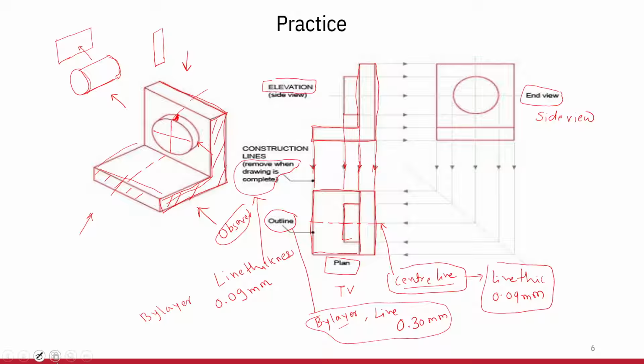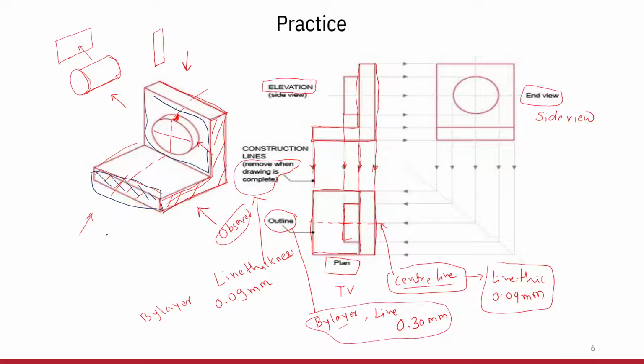Whenever the observer is looking in this direction, the observer will be able to see this rectangle first, correct? And after that he will be able to see this outer rectangle above this rectangle, correct? And at the central portion we see a circle, which is the front view of the cylindrical portion.